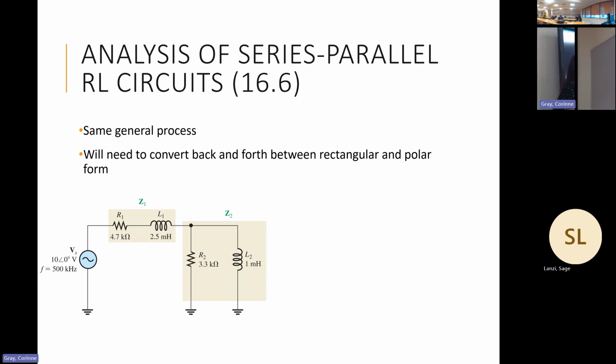We would start with this one, so deal with Z2. This would be L2 and R2 in parallel with each other. You would deal with the parallel part, then combine that with the series that we have here for Z1. So you would calculate them separately, then combine them into a single inductance value.